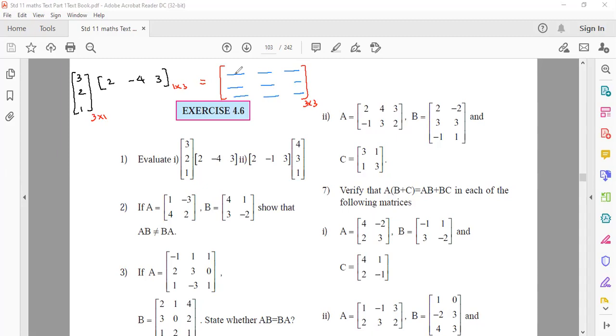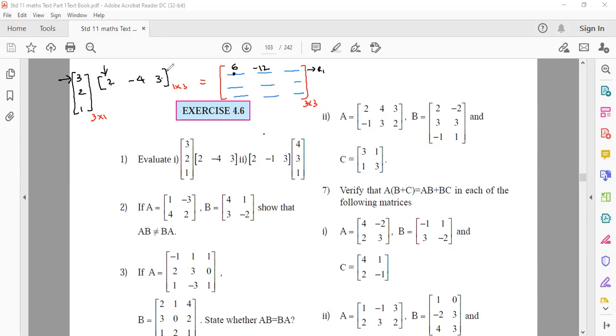How do you fill up? This element is obtained by multiplying the first row with the first column. This element belongs to row 1 and column 1, so row 1 will multiply with column 1. What answer will you get? 6. Then row 1 will multiply with column 2. So 3 into minus 4, minus 12.